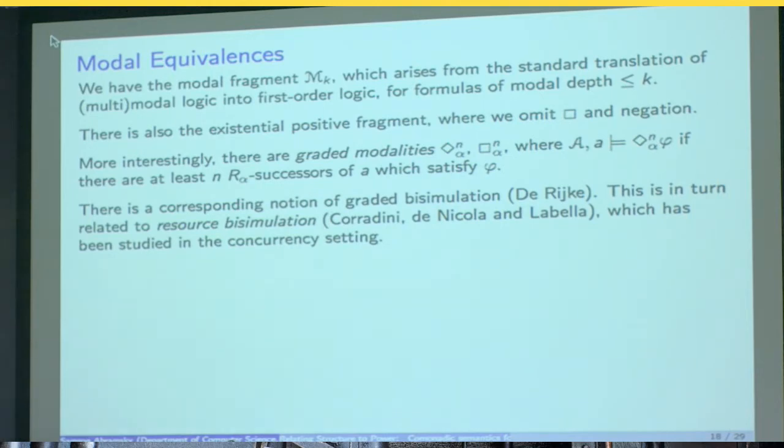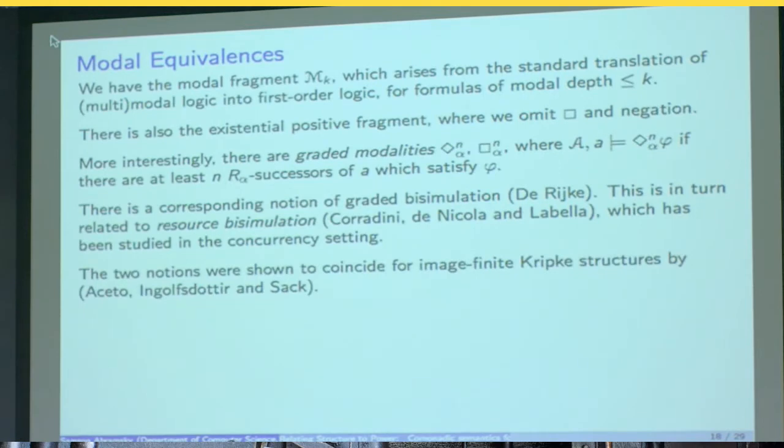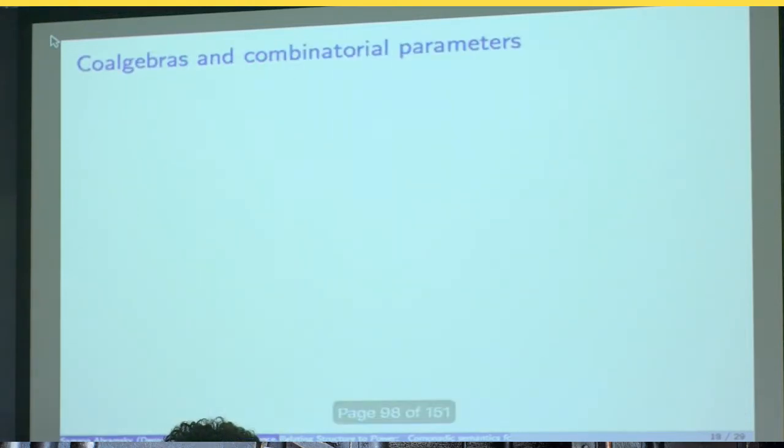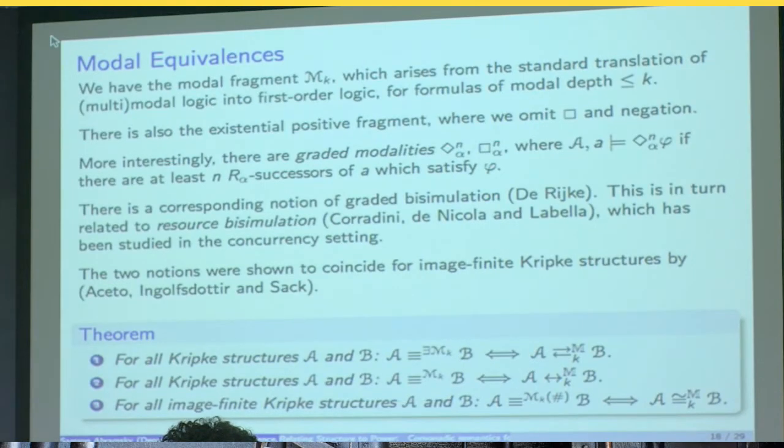So this has been studied and is related to something studied in concurrency known as resource bisimulation, and everything matches up in the same way. Okay, so certainly this first round shows that we can capture quite a diverse set of forms of model theoretic deception in a syntax-free way using these quite simple comonads.